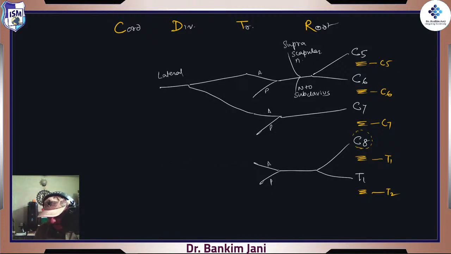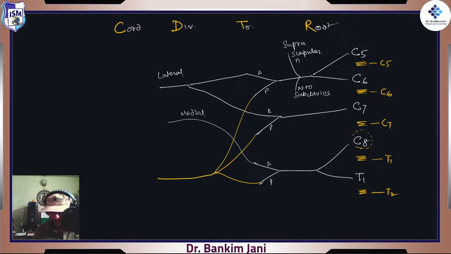Just wait. Draw it like this. This would be interesting, right? So this would be the medial, and when all the posteriors join together, that will lead to posterior cord. Correct? Now let's finish the posterior cord first because we have talked about it so much.